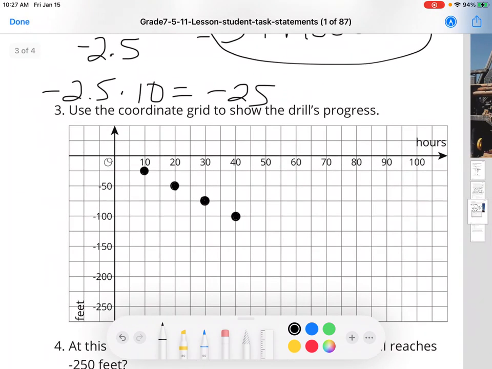And I know that it was a constant rate, which means it's a proportional relationship. So my line should pass through the origin as well as both points and continue on. So it should look like this. That's not quite the right angle.